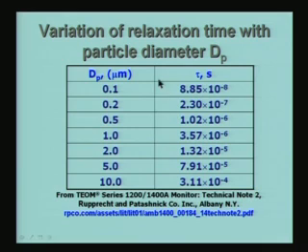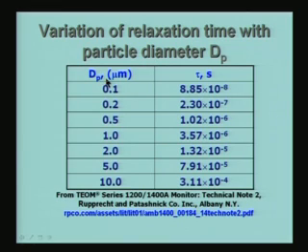So, the variation of relaxation time with particle diameter is given here. This is based on experimental data, and I have taken it from the reference shown here. It is a manufacturer's reference, given in their technical note number 2, and the particle relaxation time depends on the diameter of the particle.